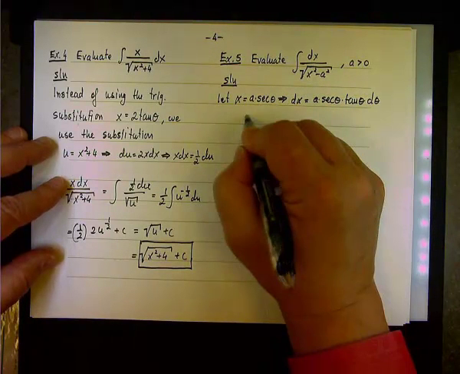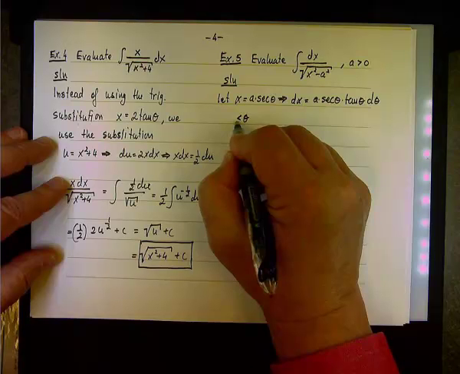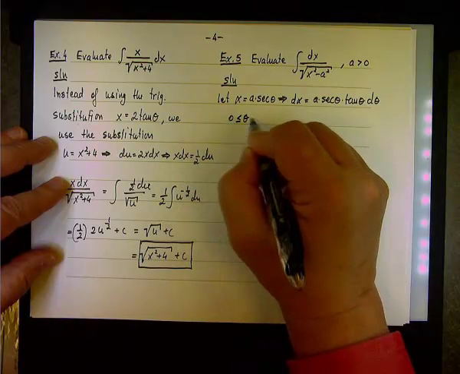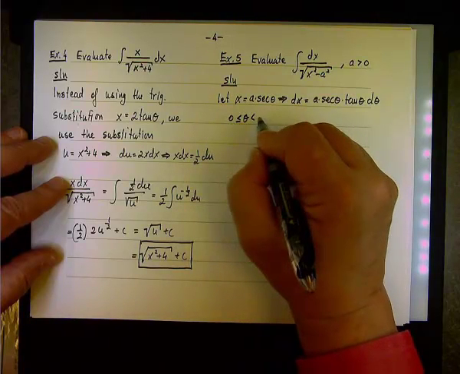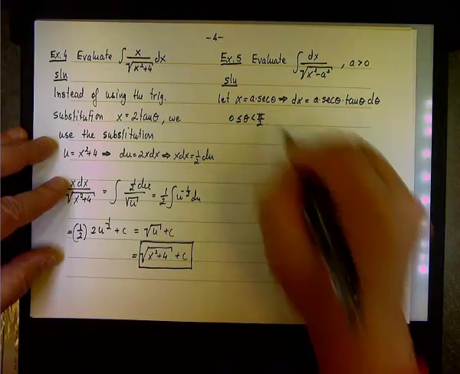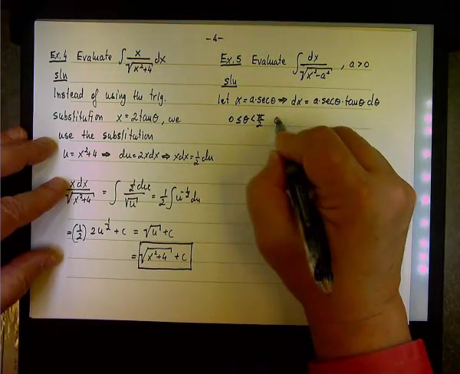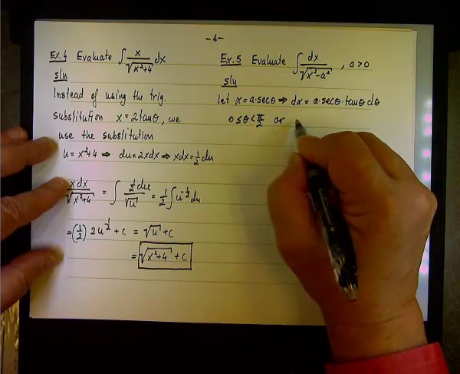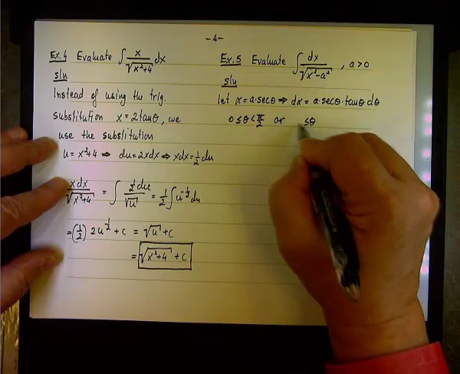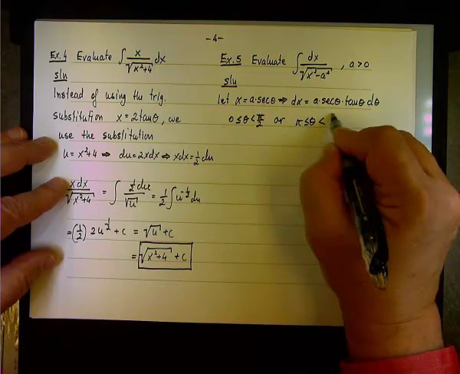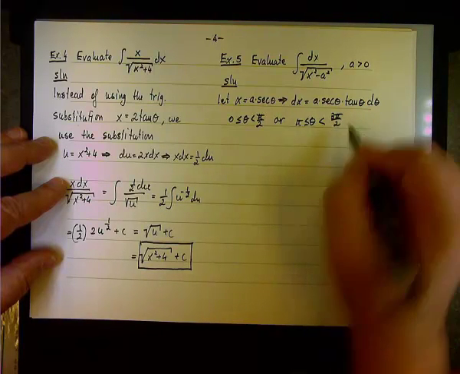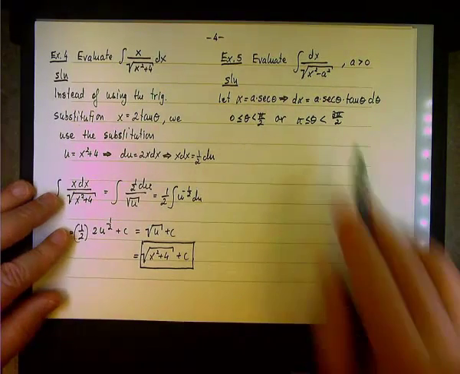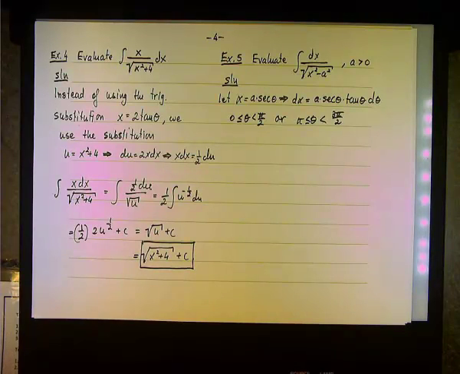Just to remember that theta can be greater than or equal to 0, less than pi over 2 if you're looking for positive, or if you're looking for negative, it will be greater than or equal to pi, less than 3 pi over 2. So either first quadrant or fourth quadrant.